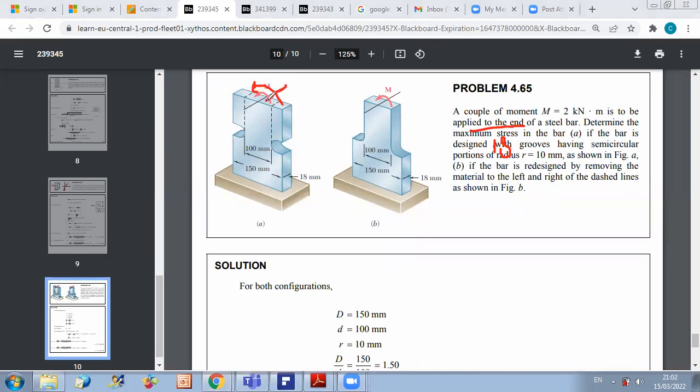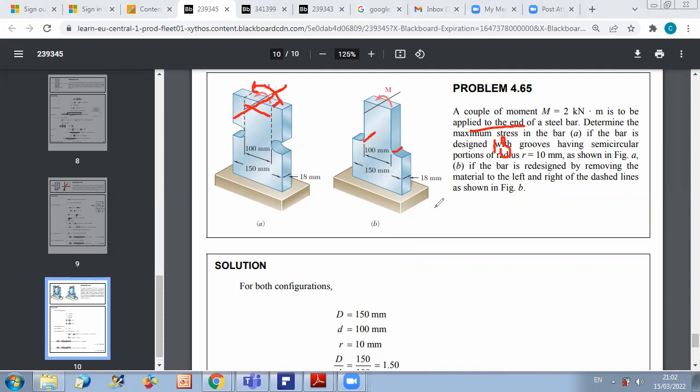So this is your neutral axis. Your neutral axis has the same direction as the moment vector. And then the height is 100 millimeter and the width is 18 millimeter for both cases.